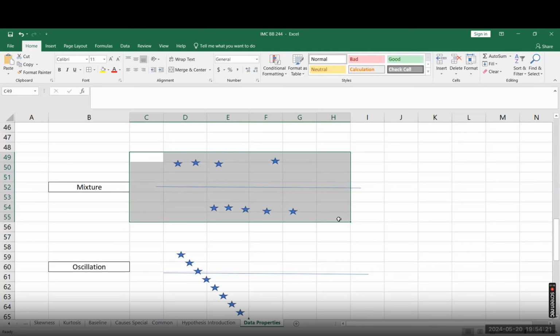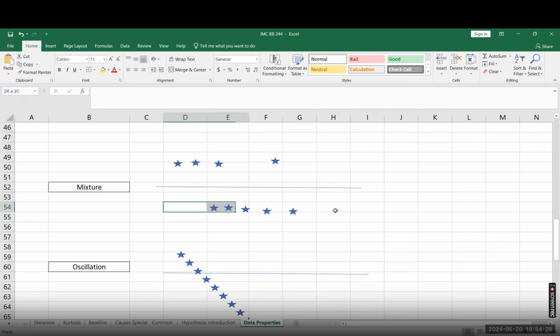Maybe you are meeting an average of 10, but one set of values is 5 and the second set is 15. They are making the average, but it does not necessarily mean your process is doing good every time. Okay. That's how we identify with the help of mixture. Oscillation.